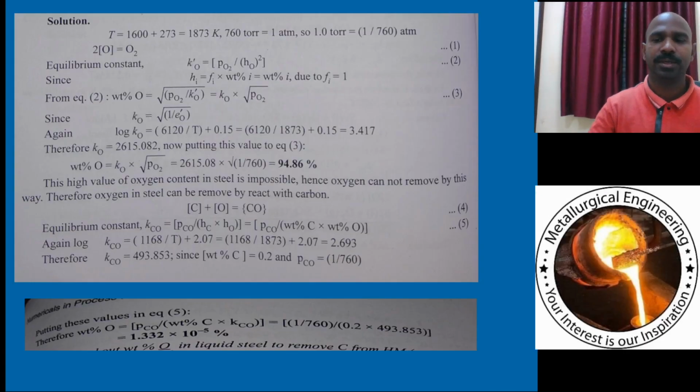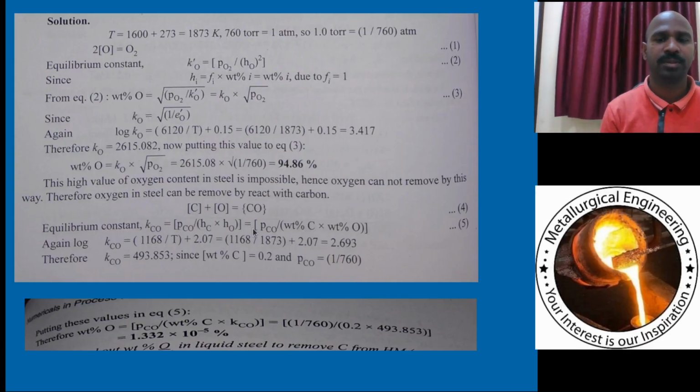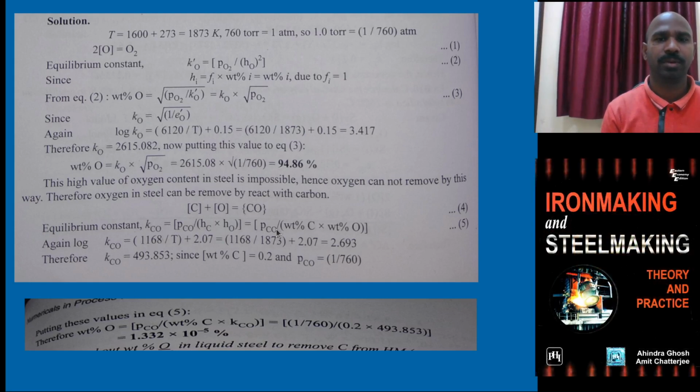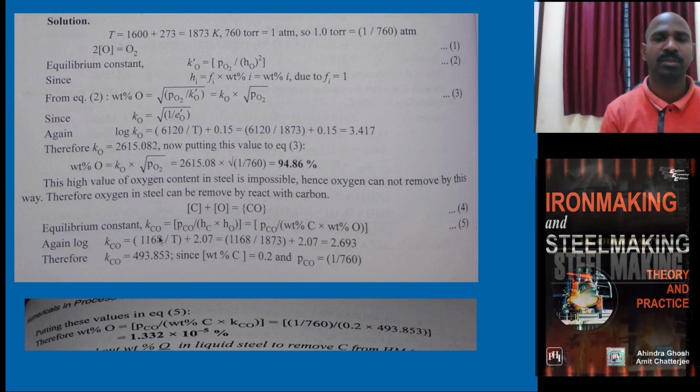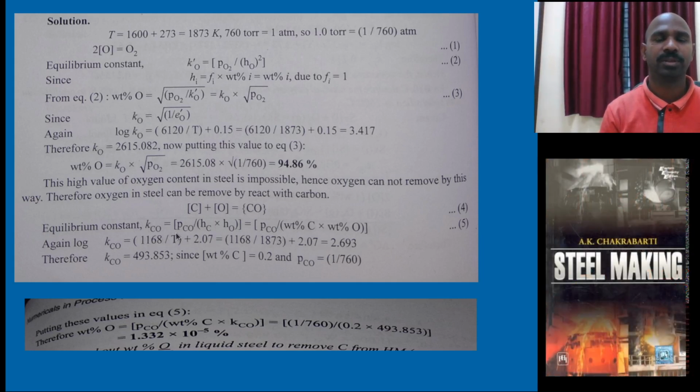By substituting the PCO value, weight percentage of carbon value, and log of KCO converted into KCO value, you will get the weight percentage of oxygen equal to 1.332 into 10 to the power of minus 5 percent.